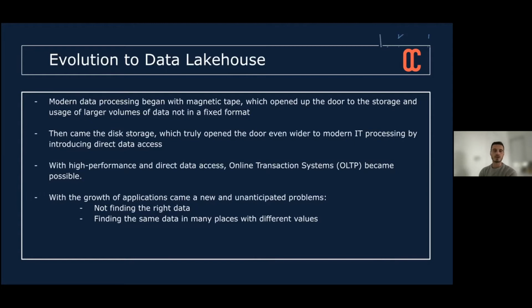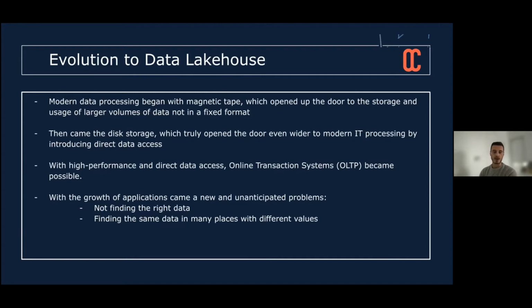Okay, so starting with the evolution of the Data Lakehouse, and I'm not going to spend too much time on this. Basically, the evolution of disk storage opened the door to IT processing by introducing direct data access, and combined with high performance, online transactions became possible.